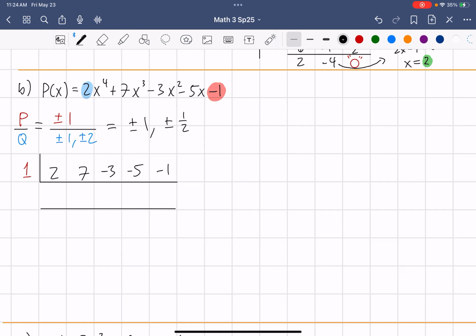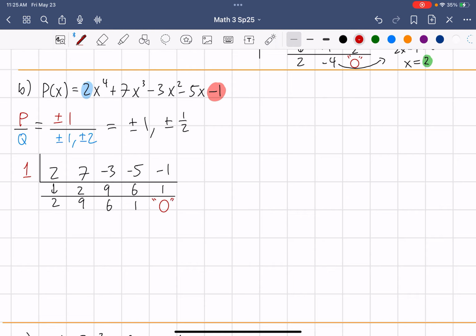You might not always be able to finish right on the first one you guess. It might take multiple tries. 1 times 2 is 2. Plus 7 is 9. Times 1 is 9. Plus negative 3 is 6. Times 1 is 6. Plus negative 5 is 1. Times 1 is 1. And we get our 0.